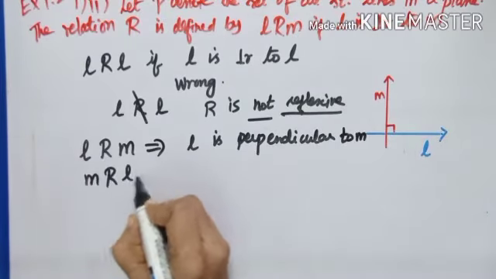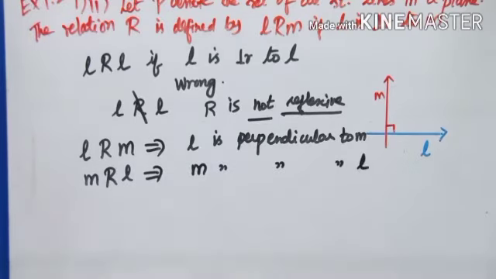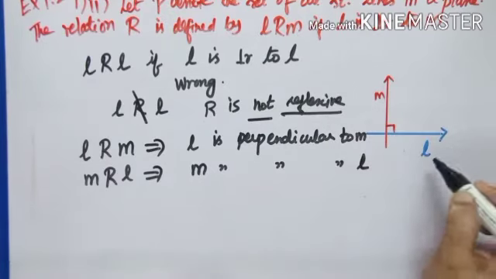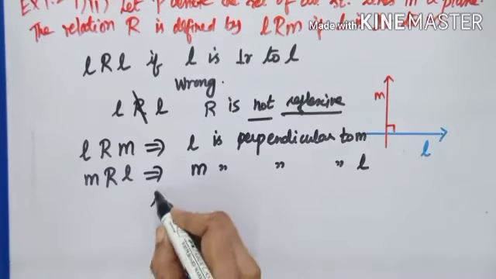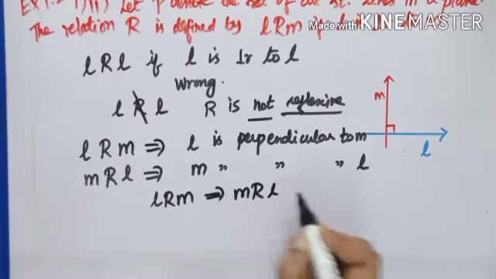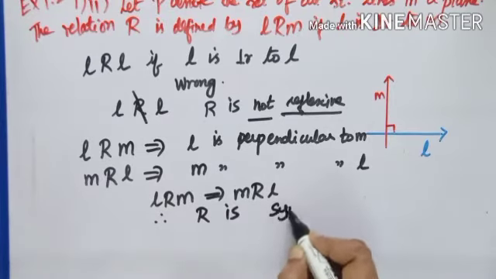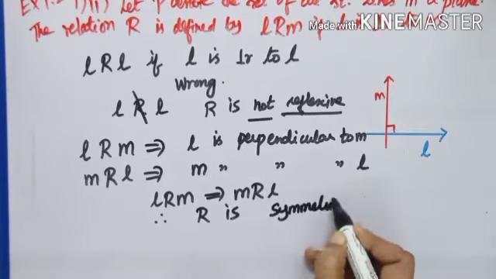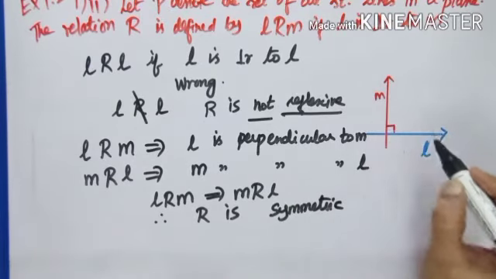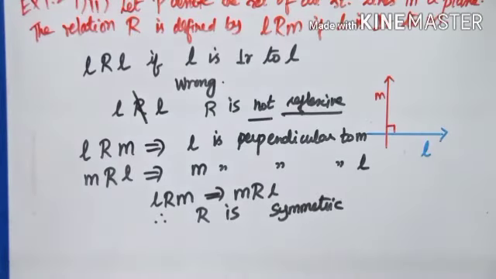M related to L implies M is perpendicular to L. L is perpendicular to M implies M is perpendicular to L. Therefore, we say L R M implies M R L. Therefore, R is symmetric. Whenever the first line is perpendicular to the second line, the second is also perpendicular to the first line.